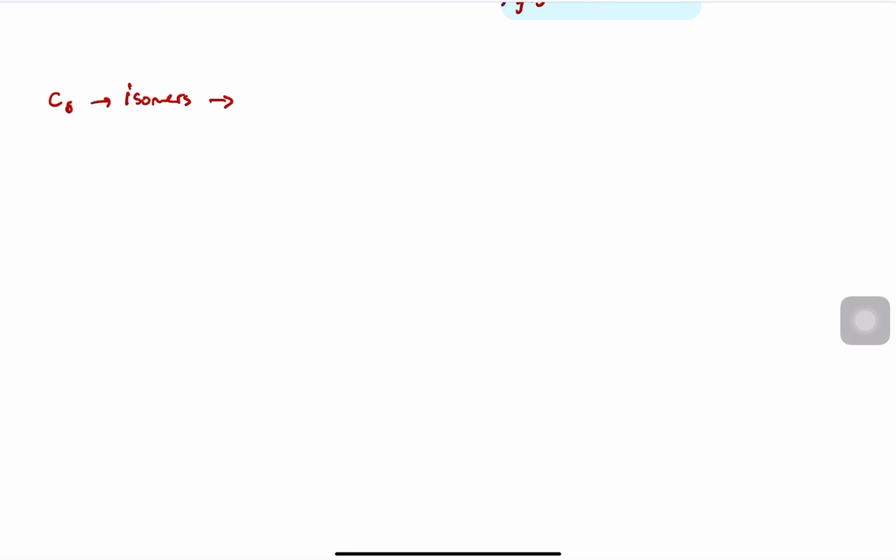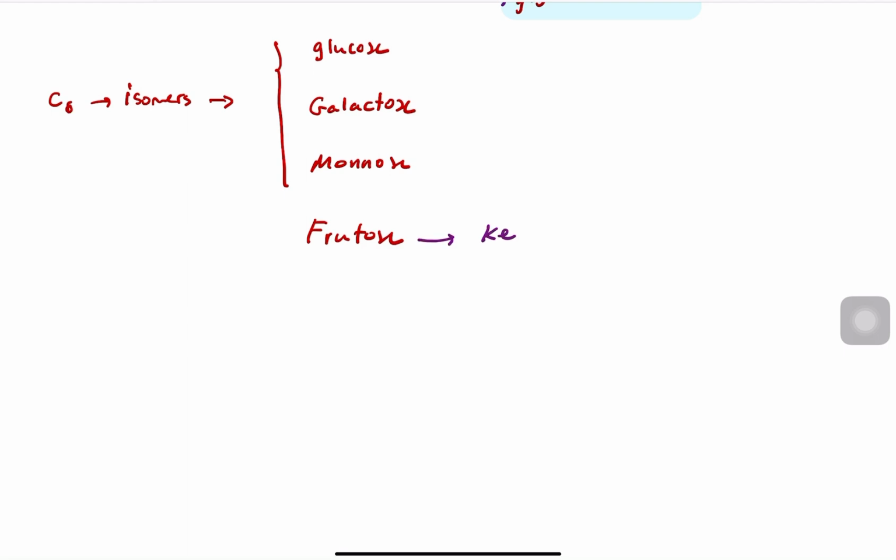I can write glucose, galactose, mannose, and fructose. Fructose is the ketose, but these 3 are aldose.